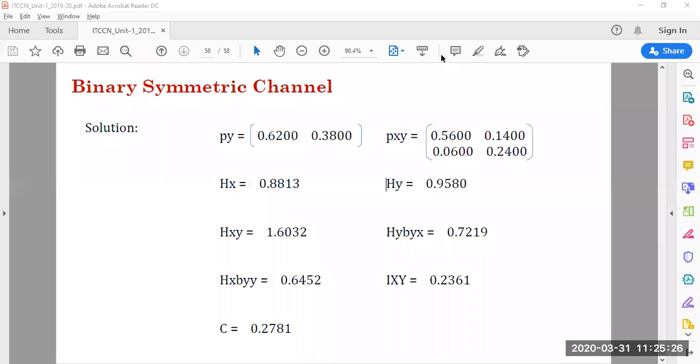So if you are done, shall we move to MATLAB programming? I think you have written these values. We will move towards the MATLAB program.